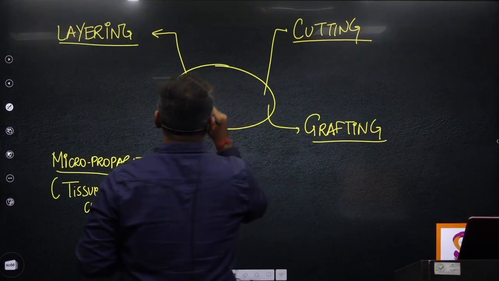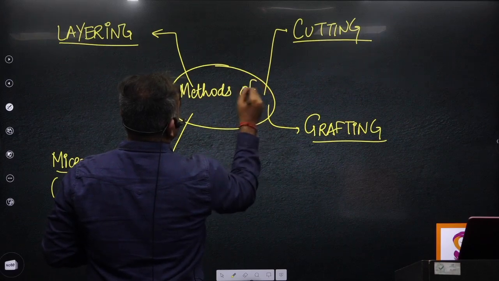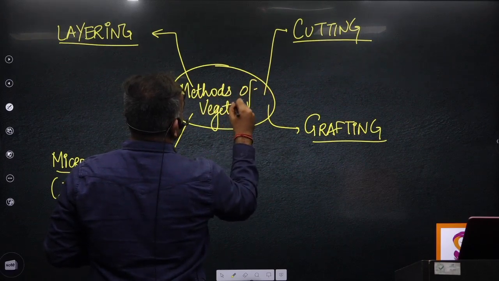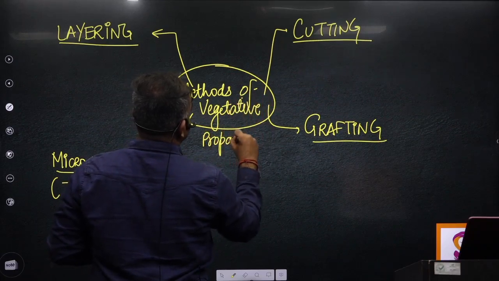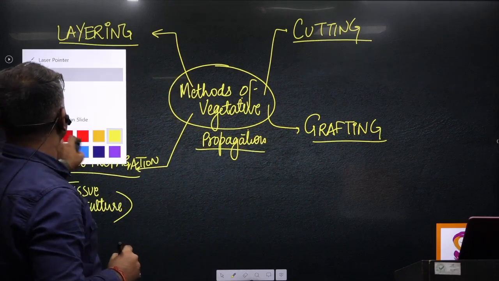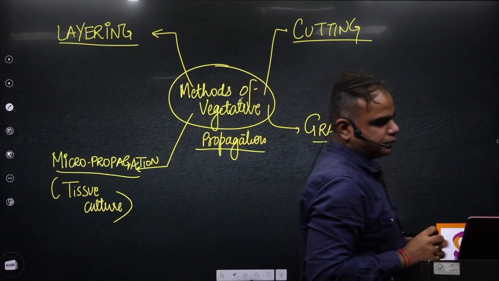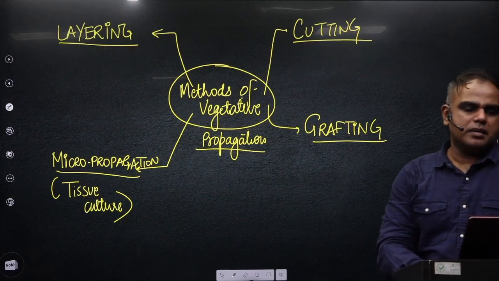Okay, so these are the various methods of vegetative propagation. Okay, now in this part, of course, you have to give examples and parts for each of them.